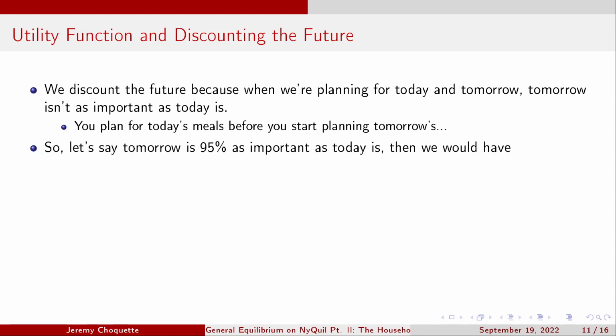So let's say, just pulling a number out of thin air here, tomorrow's 95% as important as today is. This is what we would have. I would have today's utility, natural log of CT, right here, plus tomorrow's utility, ln of CT plus 1, multiplied by 0.95, right?